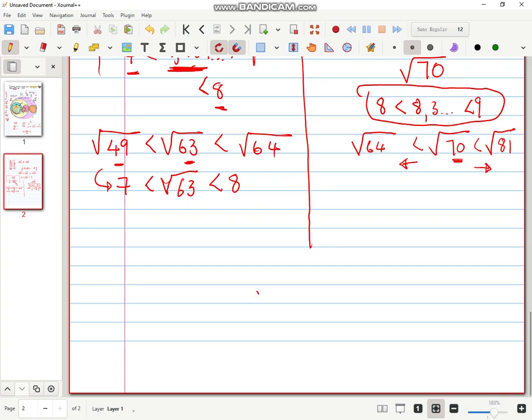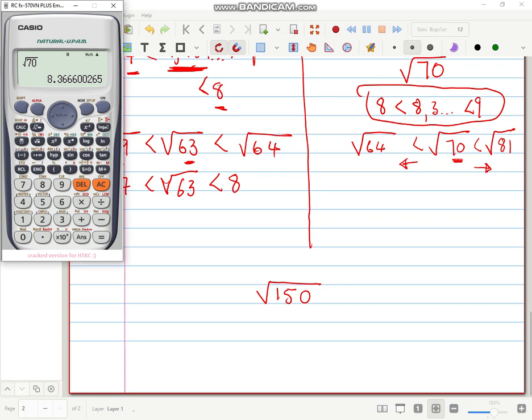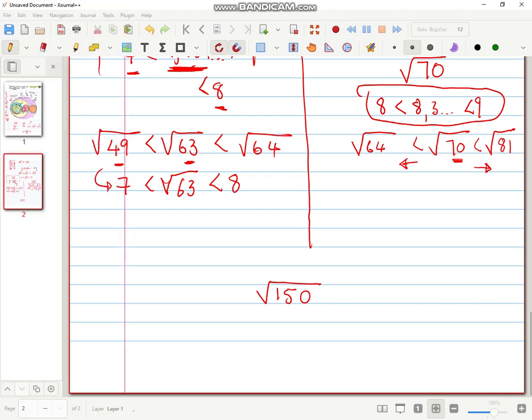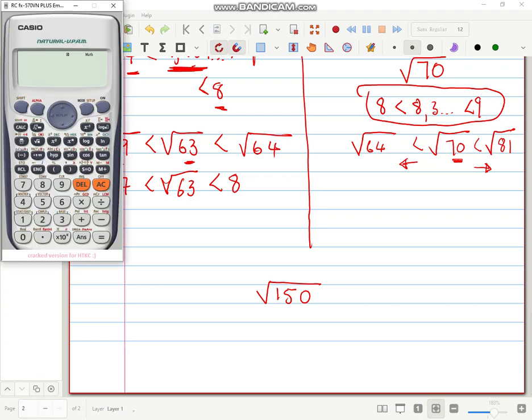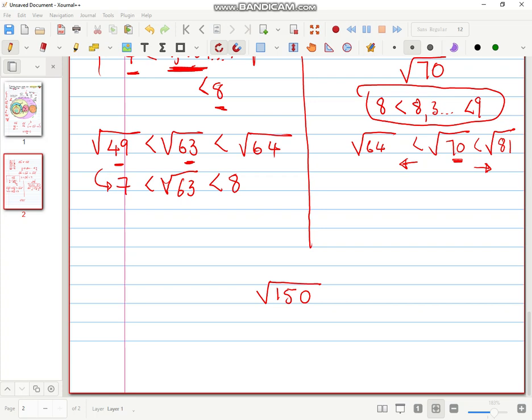All right, let's try the last one, then we are done. It says square root of 150. Why not? Let's say square root of 150 equals, you get 12.247, blah blah blah, which is greater than 12, but is less than 13. 12 times 12 is 144, right?